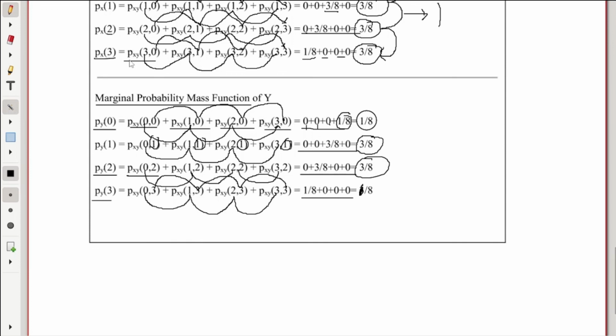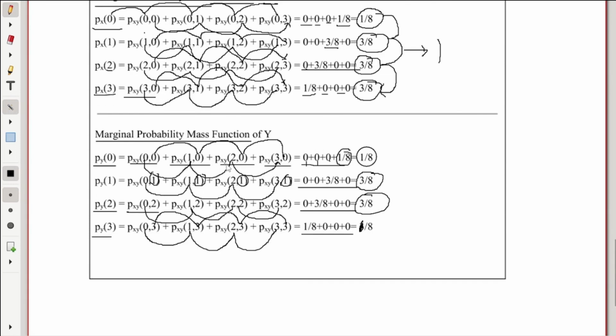So this was about joint probability mass function and marginal probability mass function.